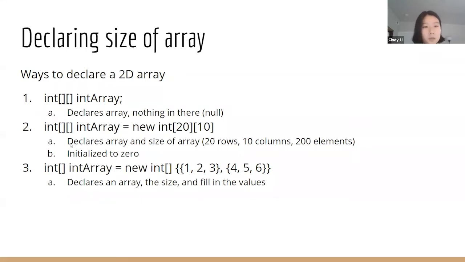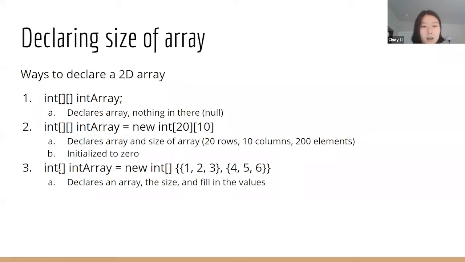So basically this one right here would declare an array, and 20 comes first. Remember, row always comes first. So in this int array, there are 20 rows and 10 columns, which adds up to 200 elements. 20 times 10 equals 200, right? There's 200 elements in this array. Now, because we haven't initialized anything yet, all 200 slots are 0. It's basically an array of 200 zeros.